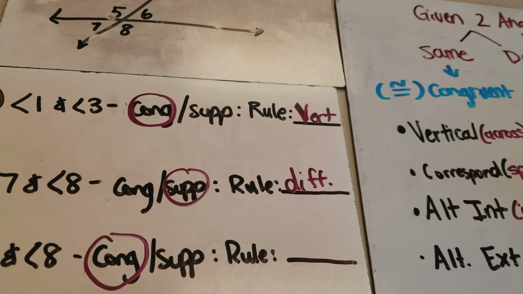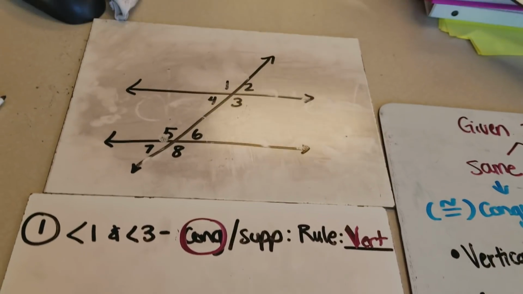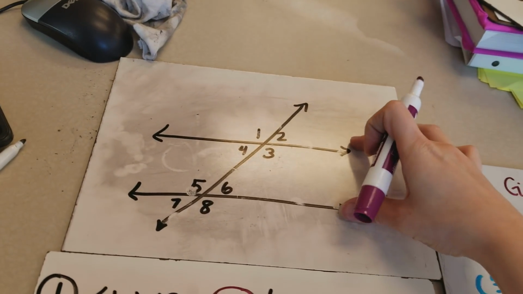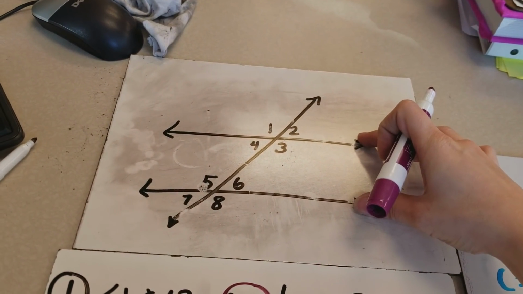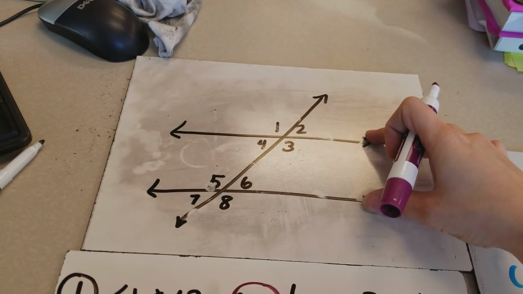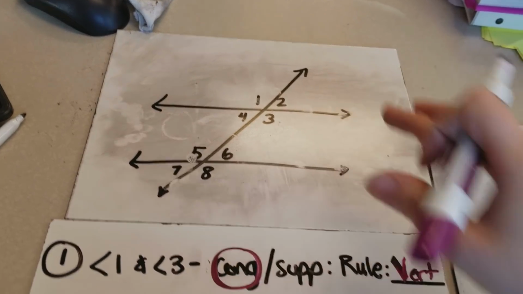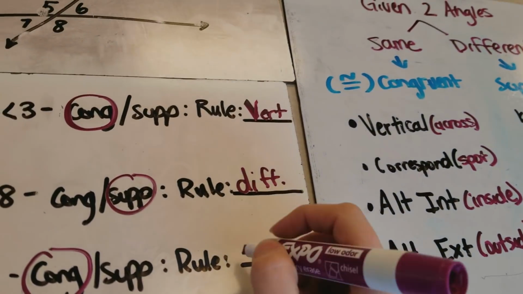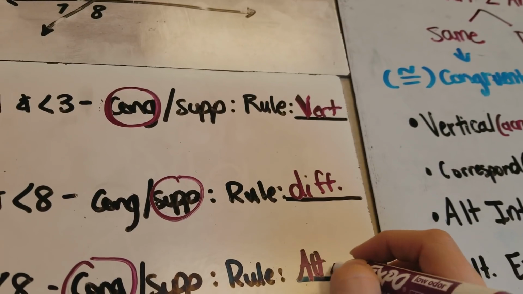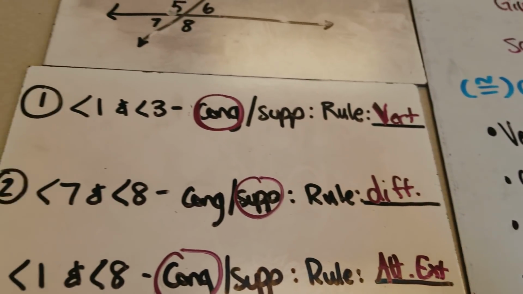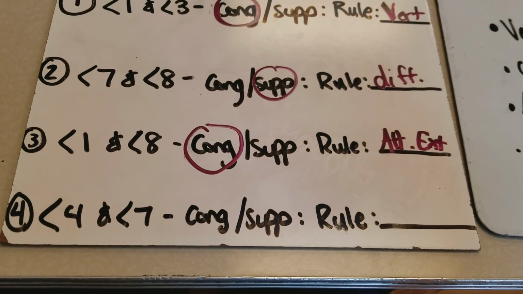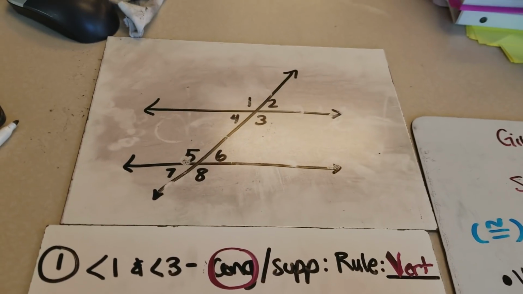Are they both inside the parallel lines? Or are they both outside the parallel lines? If I look at them, they are both outside the parallel lines, so they must be alternate exterior.